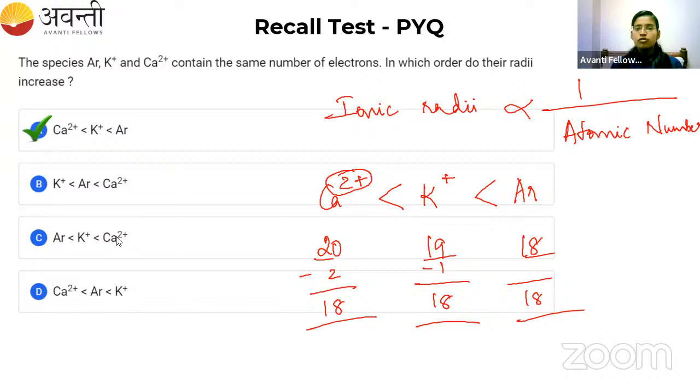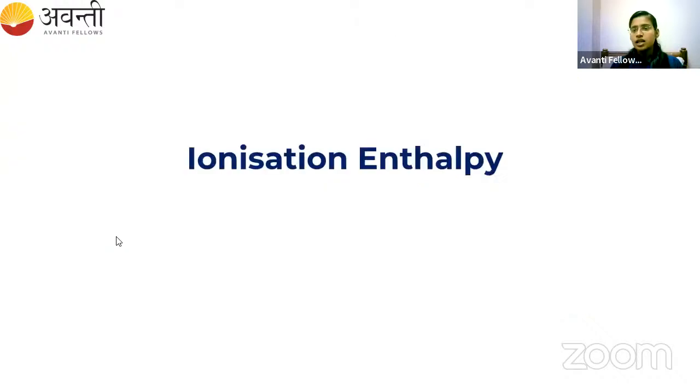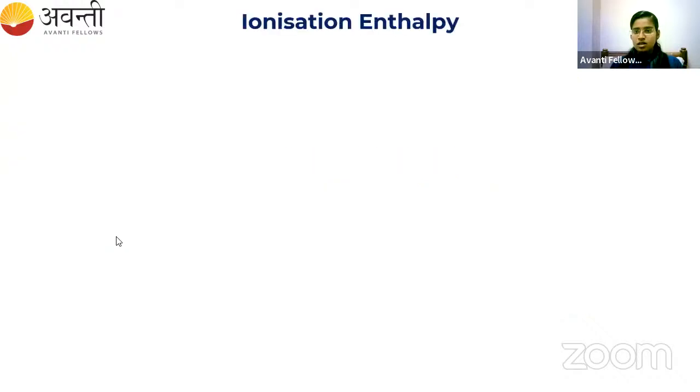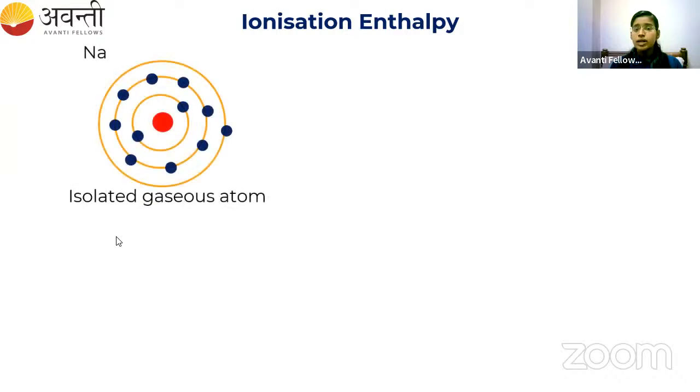So now let me go for the second physical property, which is ionization enthalpy. Okay. So let's go for this. To study ionization enthalpy, I would like to take a sodium atom, which is in isolated gaseous form. We all know that sodium has 11 electrons, as its atomic number is 11.